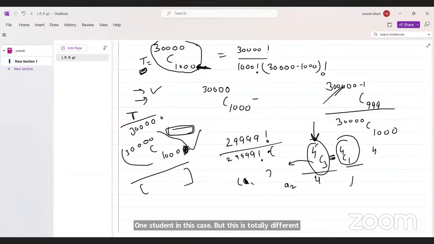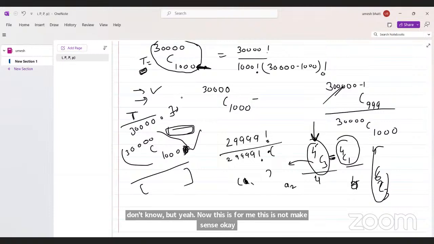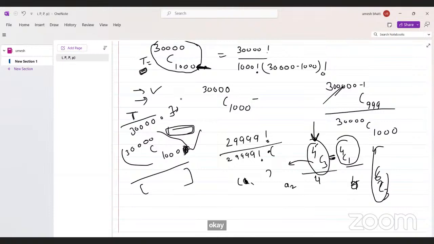Maybe think of your concept in 8C3, then try to extend. Maybe this is true, I don't know, but for me this does not make sense. Dividing by 30,000 will not work. The counts are equal, but whether it is exactly divided by the total number of students, we cannot say.